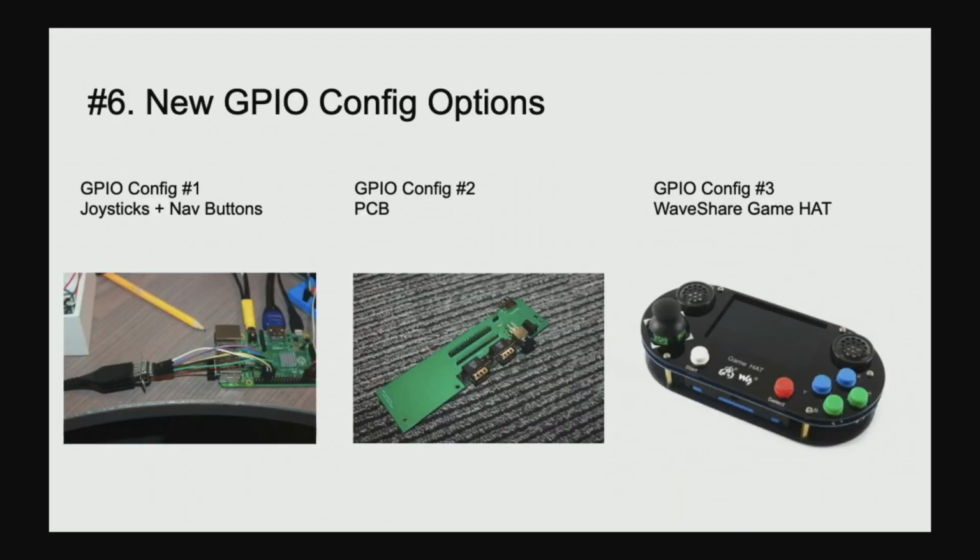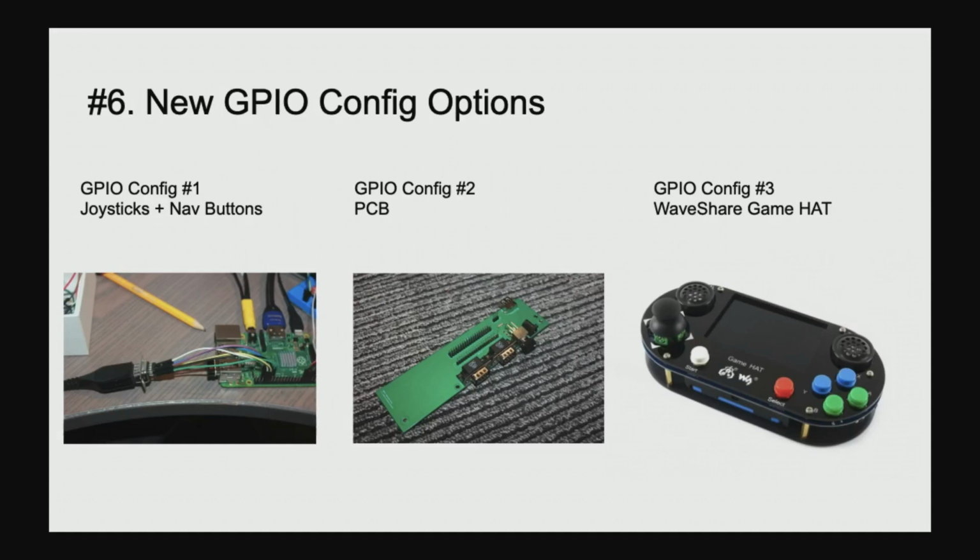And then lastly, there are new GPIO config options. So I started out with just GPIO config number 1, which is the real joysticks and maybe some navigation buttons. But then I ended up working on my own PCB, where it's kind of like a key-raw form factor, but the keyboard and joysticks are scanned with GPIO pins instead of USB.